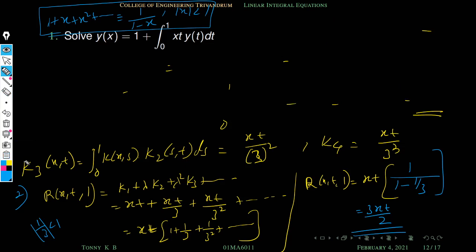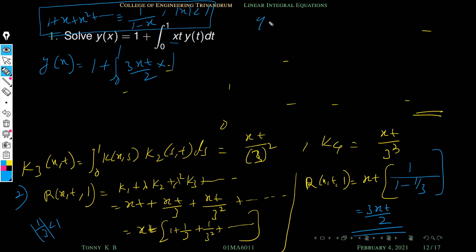The solution y(x) is equal to f of x, here f of x is 1, plus integral 0 to 1. Everything is the same except the kernel. Instead of this k(x,t), we use the resolvent kernel, 3xt by 2, into f of t instead of y of t. What is f of t? F of x is 1, so f of t is also 1.